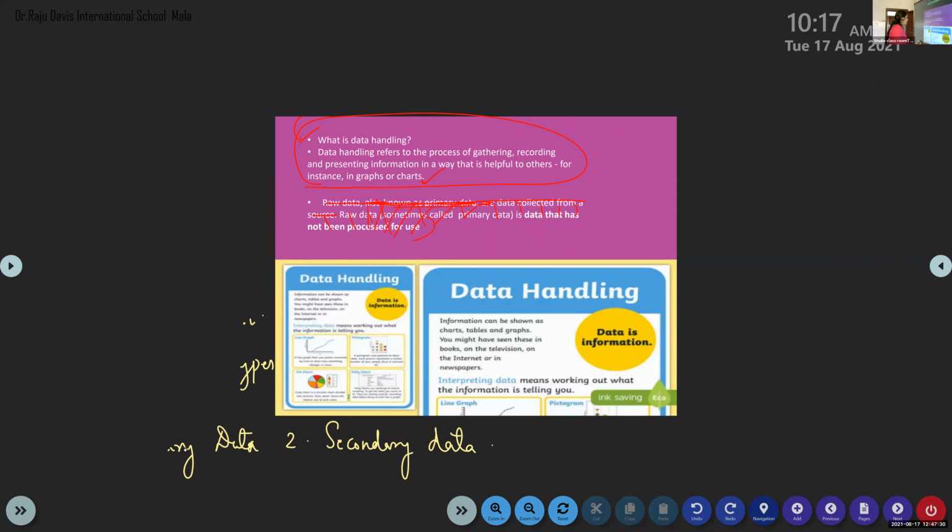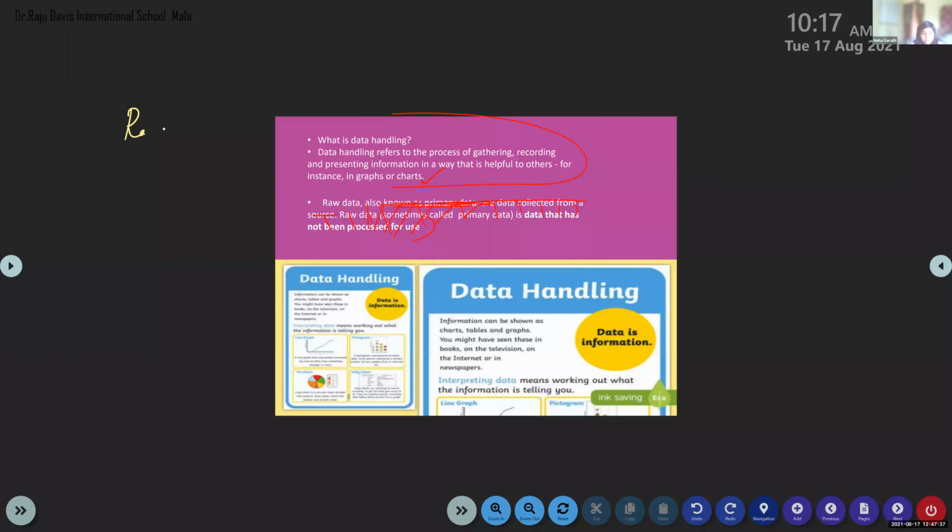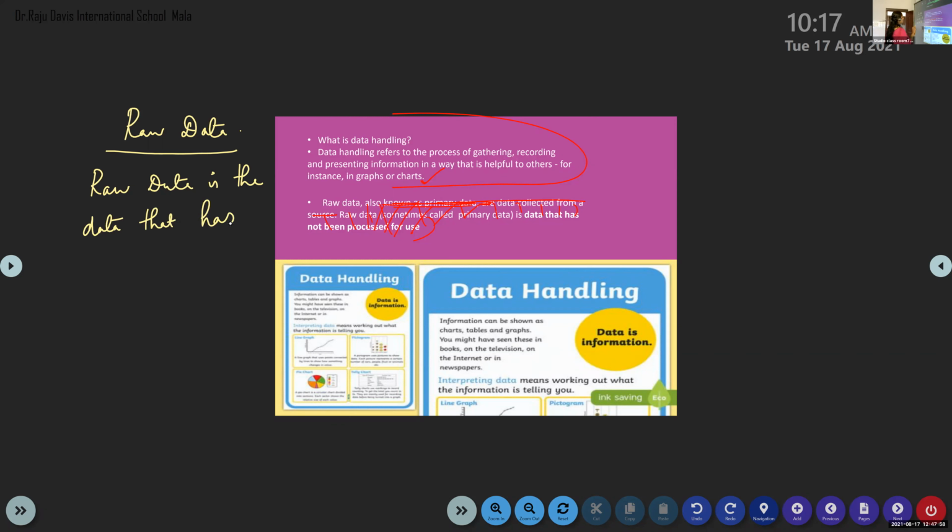Now we have to write about raw data. Ma'am, can you write the two types of data? Primary data and secondary data. Raw data is the data that has not been processed.